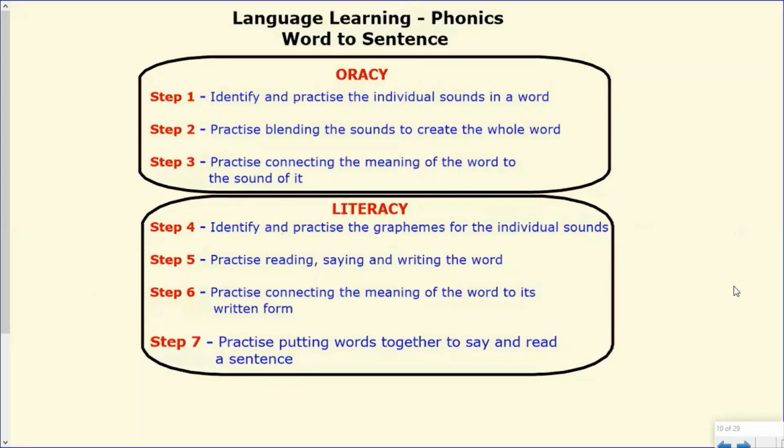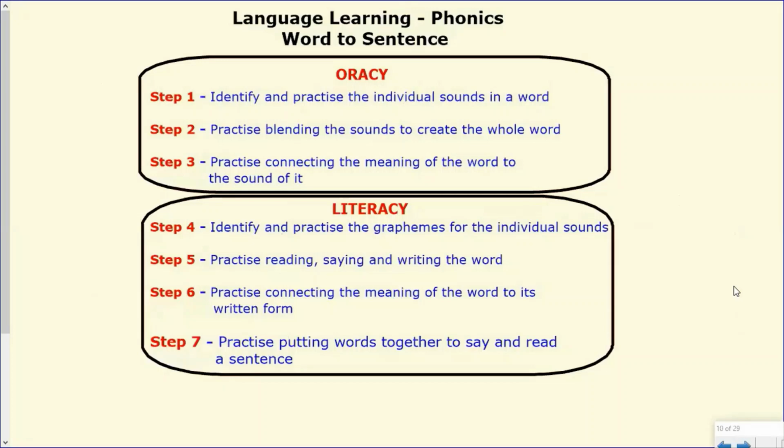And this is the process I would suggest you try to include in the early stages of teaching and introducing phonics. When you're going to introduce some new vocabulary, first of all, start with step 1, which is to introduce the children to the sounds in the word.